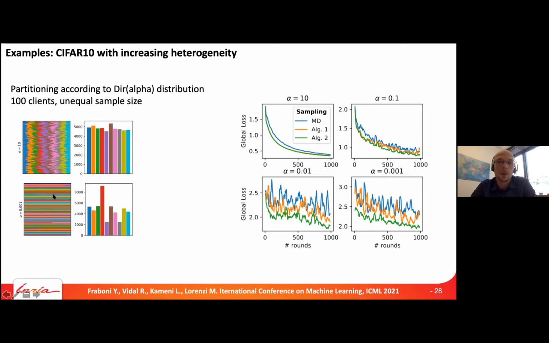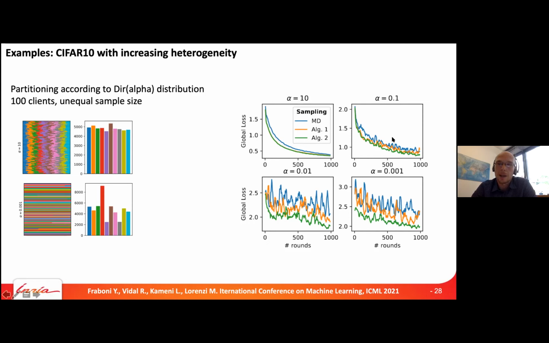And this is CIFAR, so it's a more complex benchmark than MNIST. But the figure is somehow similar. So what we show is that when there is no heterogeneity whatsoever, the strategies are very similar, which makes sense.